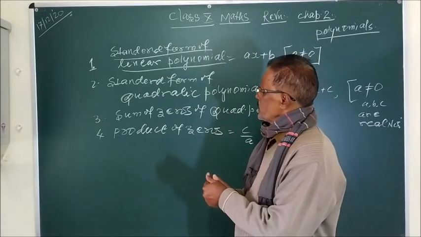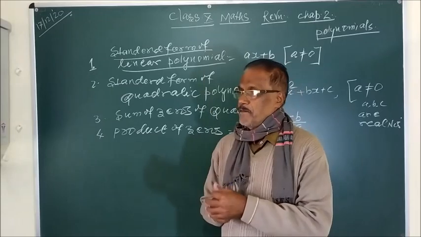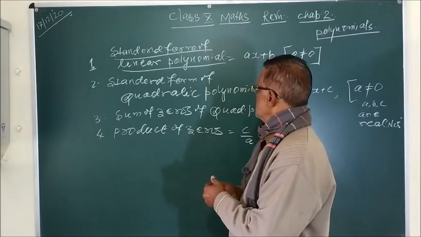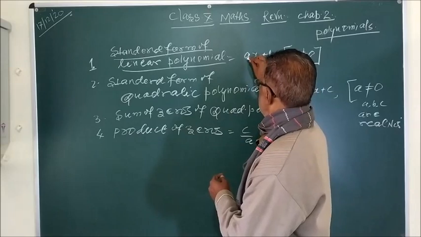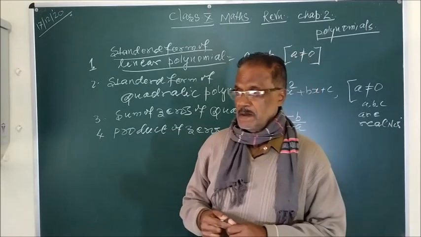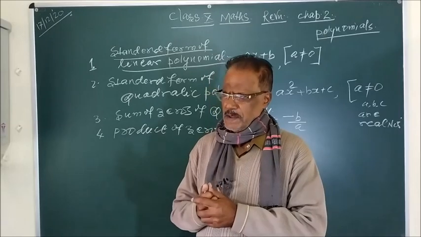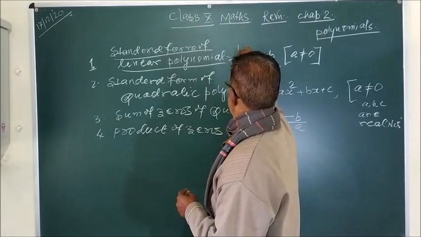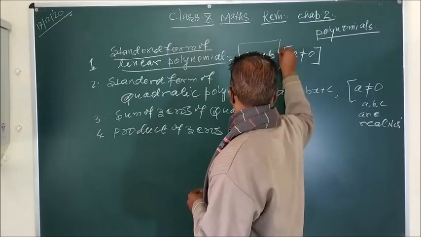So if the power of the variable is maximum 1, that is called a linear polynomial. You see, this is ax plus b.